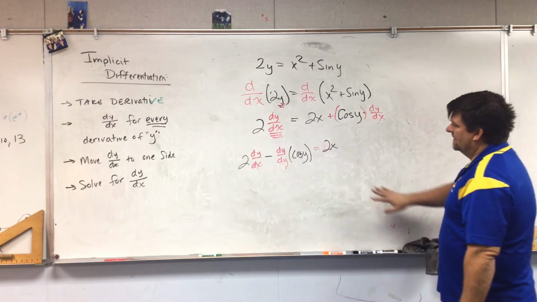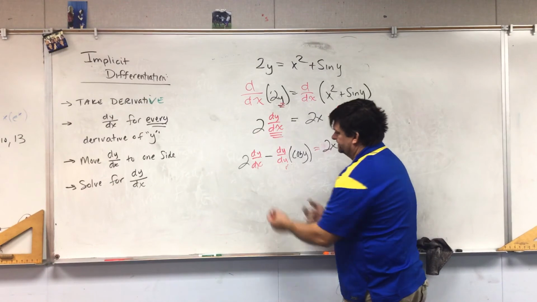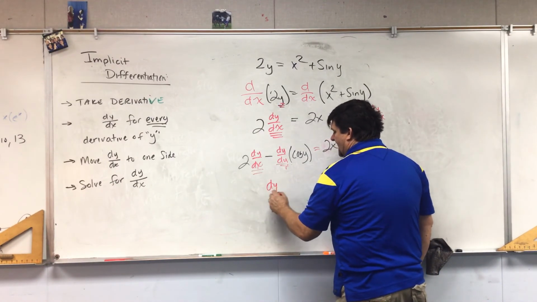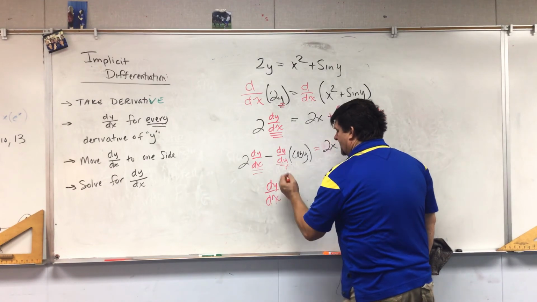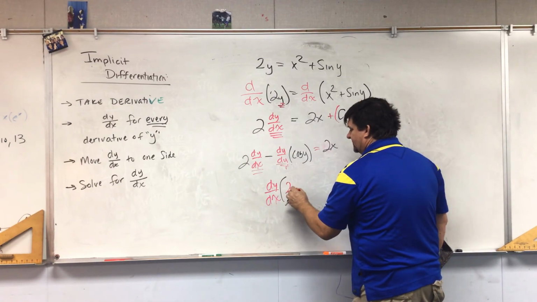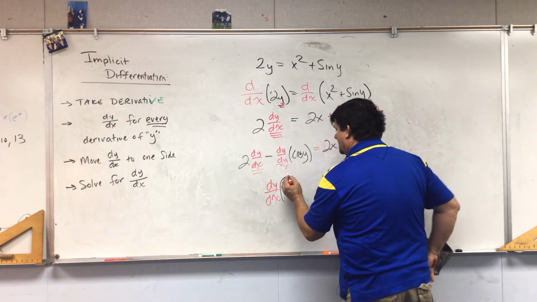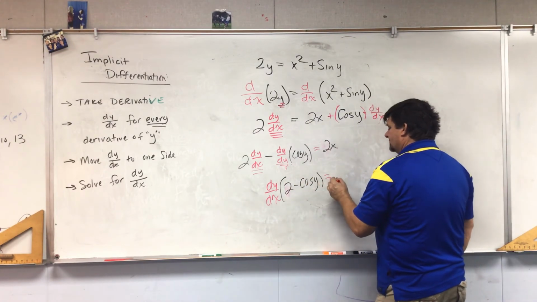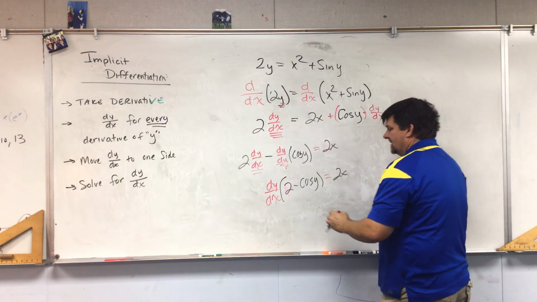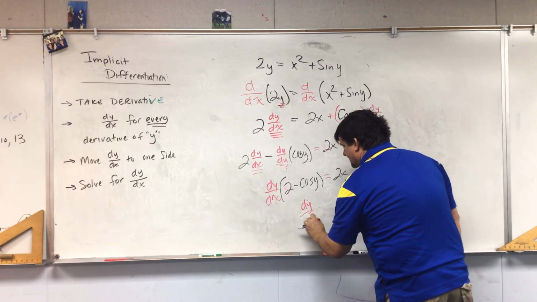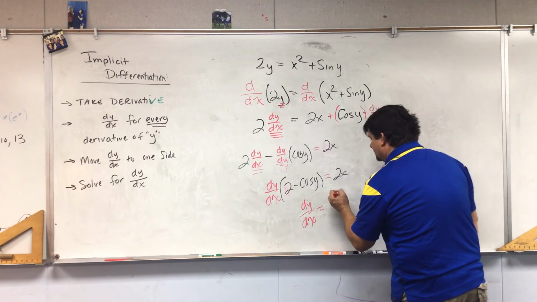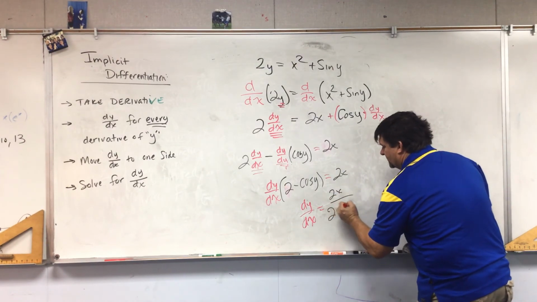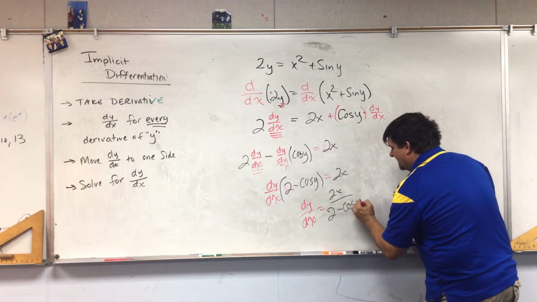Okay, now I can factor this out, and we get dy/dx times 2 minus cosine of y equals 2x. So dy/dx is equal to 2x over 2 minus cosine of y.